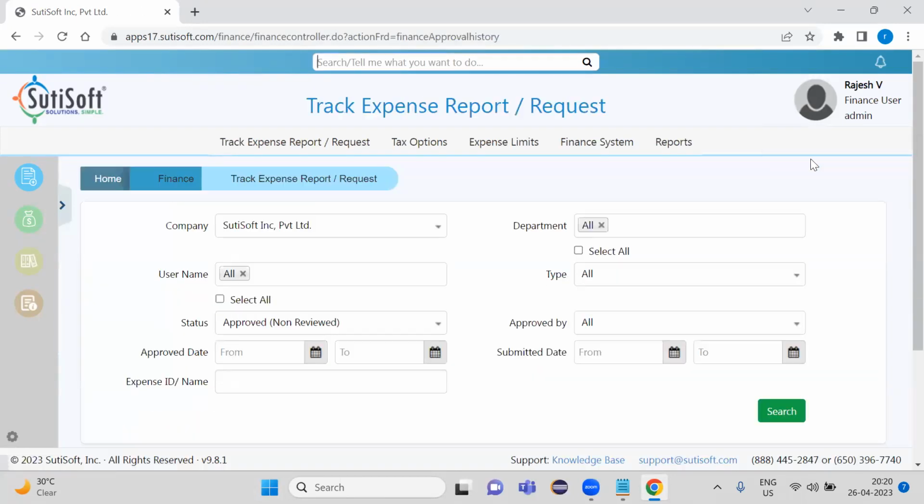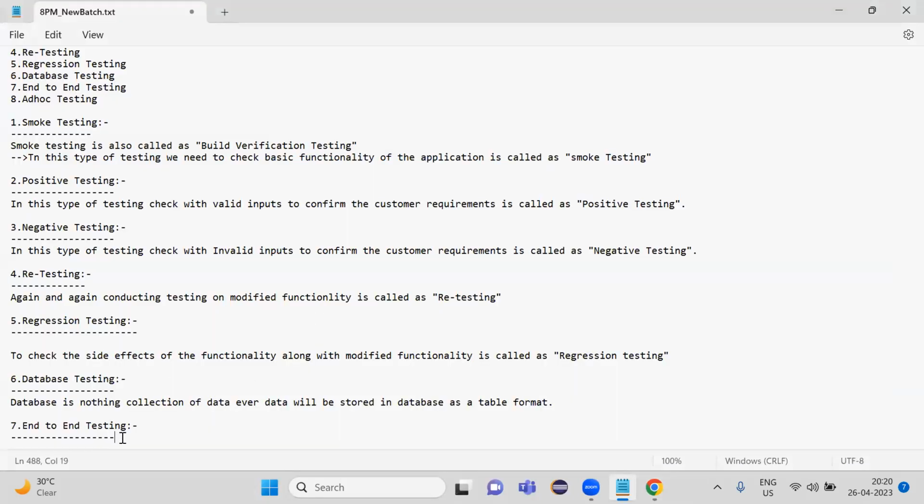Who is responsible for end-to-end testing? Tester, as our job. We have to test each and everything. Who is responsible for end-to-end testing? As test engineers, we are responsible.